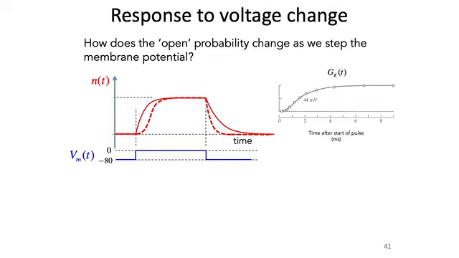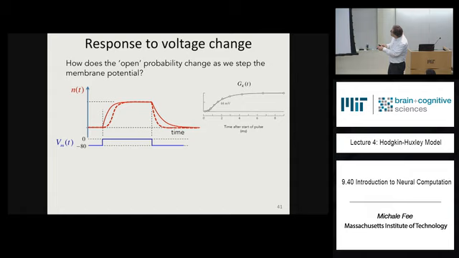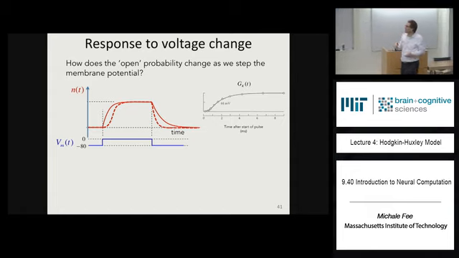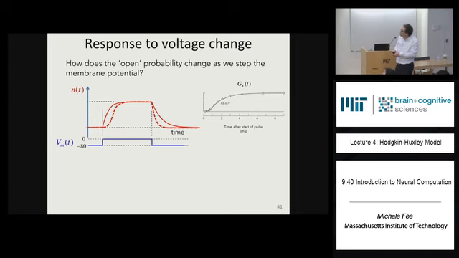So that gating variable n relaxes exponentially, but the conductance goes as the gating variable to the 4th. And so it has this nice, graceful turn on, because an exponential to the 4th looks exactly like this.